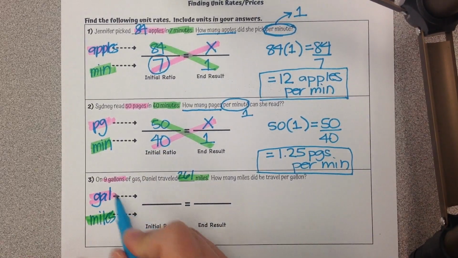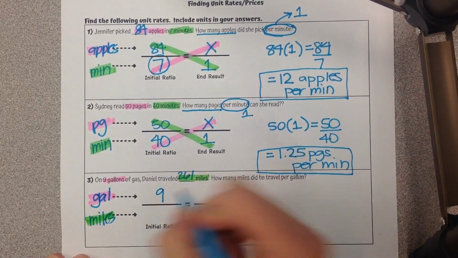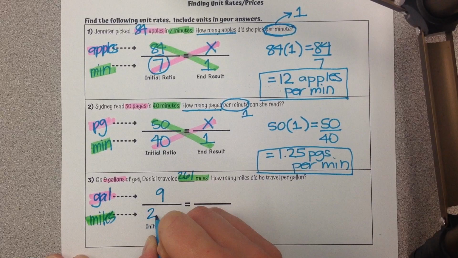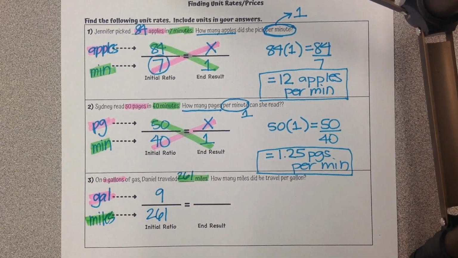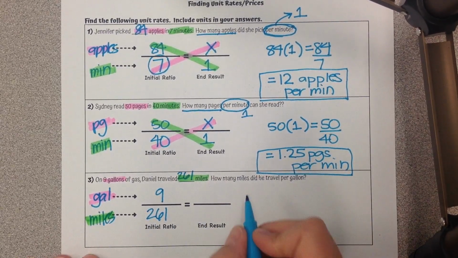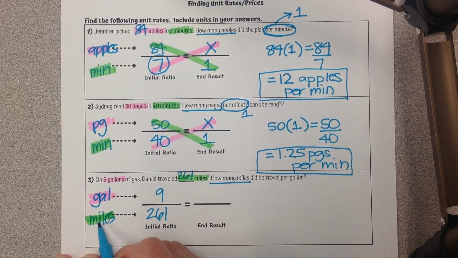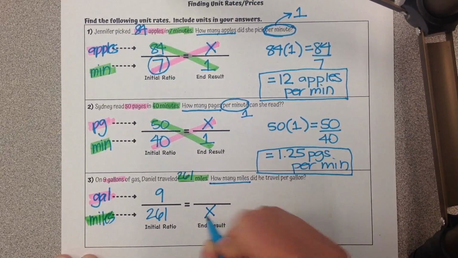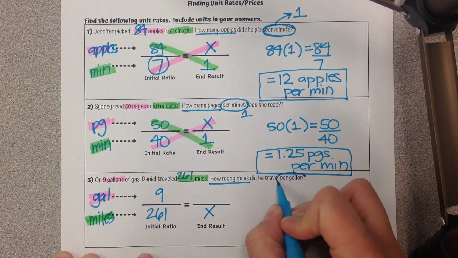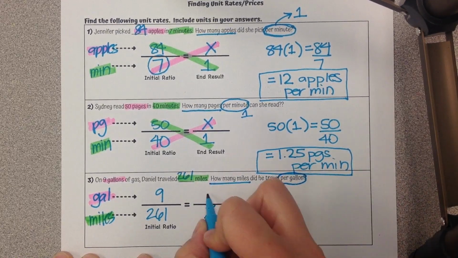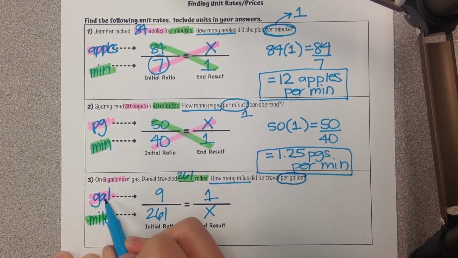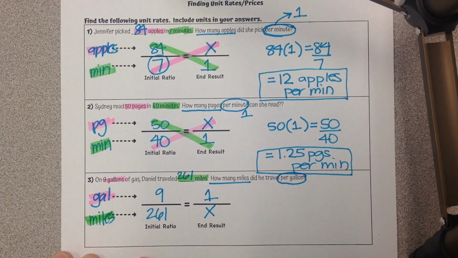Okay, so 9 gallons, 261 miles is my initial ratio. I want to know how many miles, so I don't know the number of miles, he can travel per gallon. Okay, so on 1 gallon of gas, how many miles can he travel?